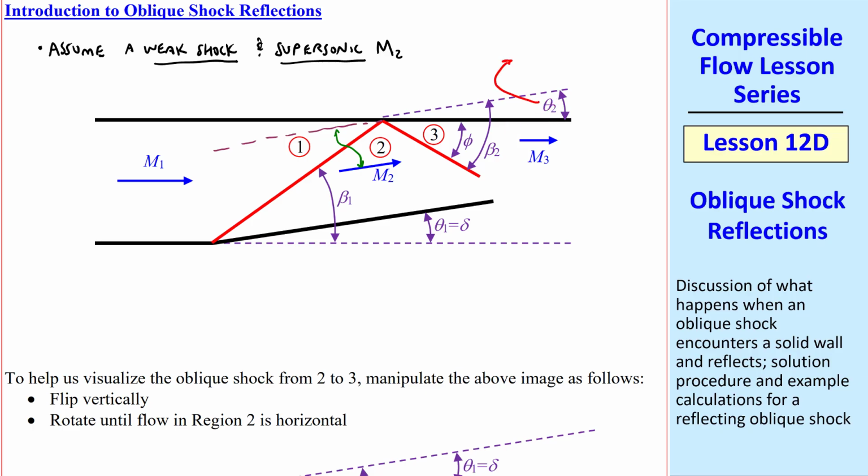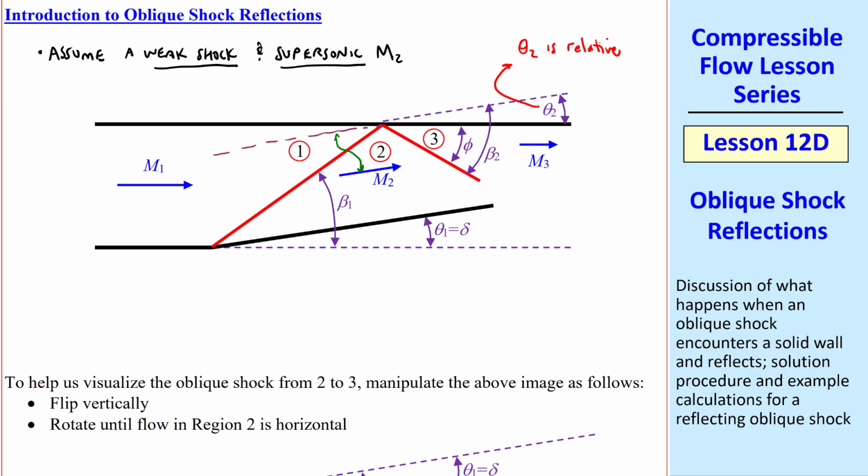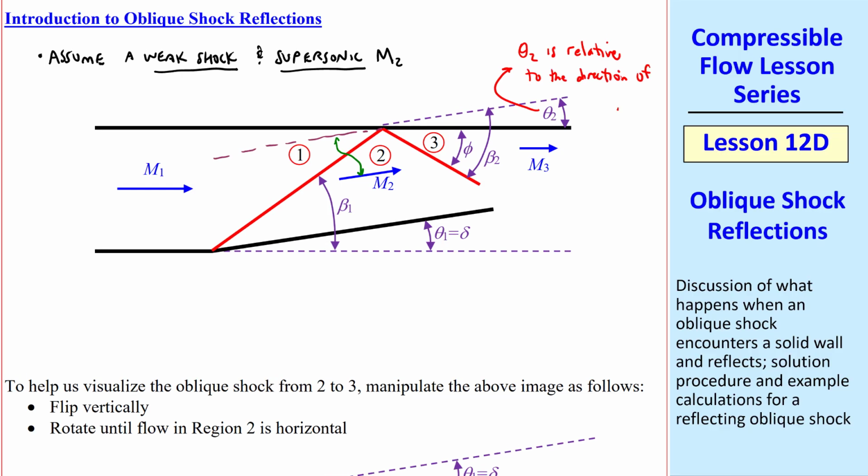So a key part of this analysis is that theta 2 is relative to the direction of M2. I note also that in this case, since the reflecting wall is flat, in other words, there's no sudden change of the wall angle up here, from simple trig, you can see that theta 1 and theta 2 have to be the same.